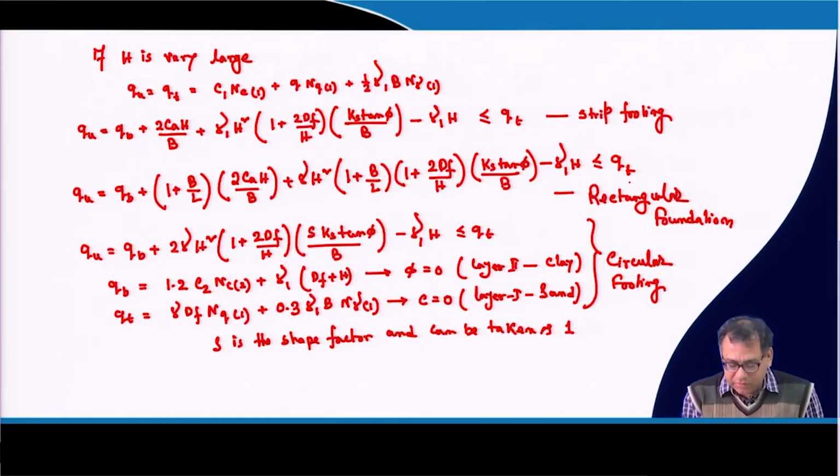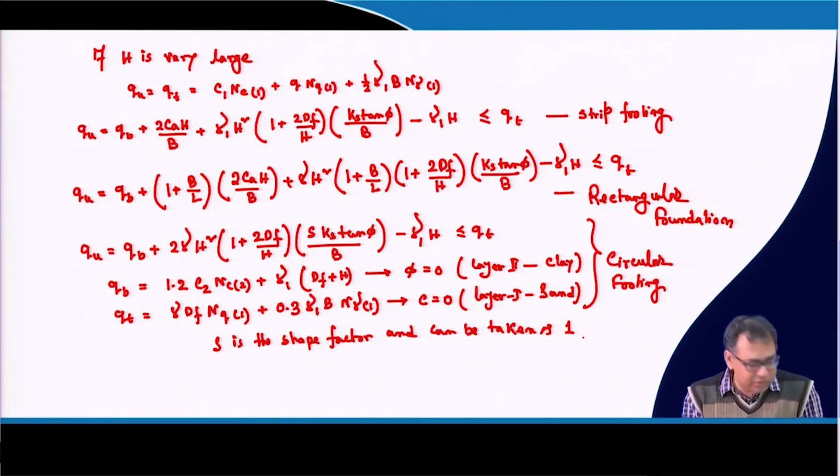Okay, but in the circular footing it is given QB is 1.2 C2 NC2 gamma 1 (df plus H), and QT for the circular footing also is given. For the circular footing it is assumed that the top layer is sand and the bottom layer is clay.